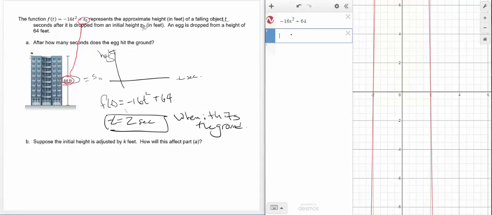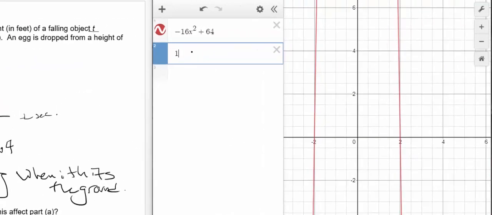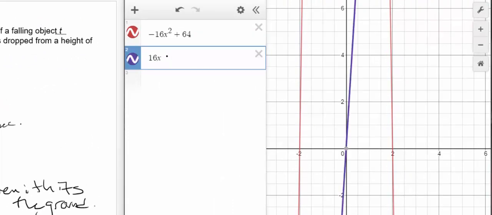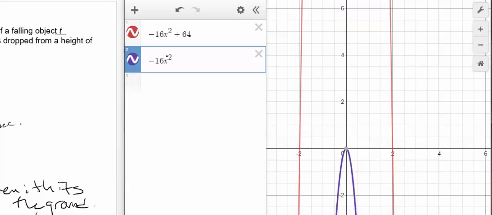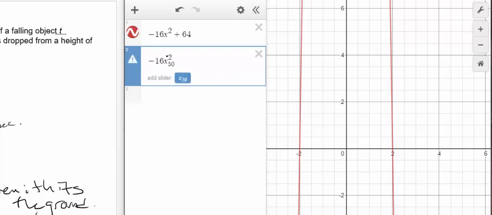Let's say I take my original equation and keep it the same, minus 16x squared. But instead of adding 64, I make k negative. I make it smaller. How about 50 instead?